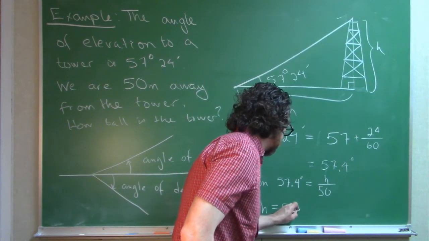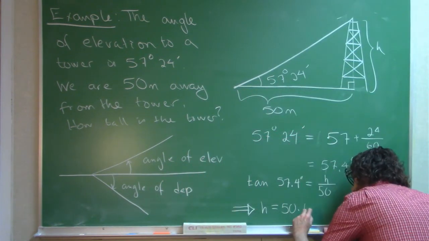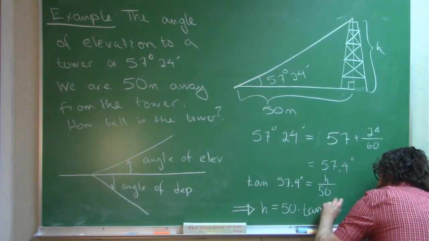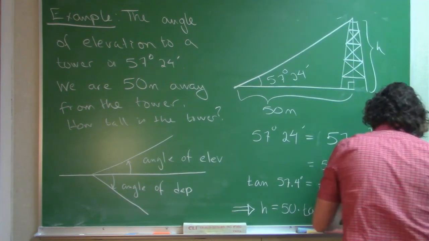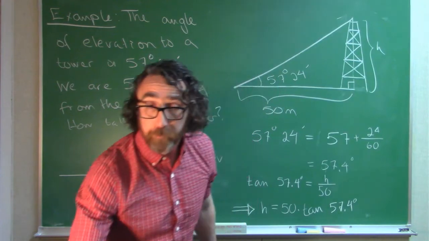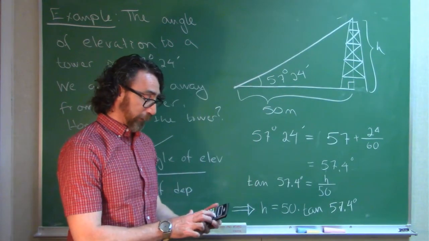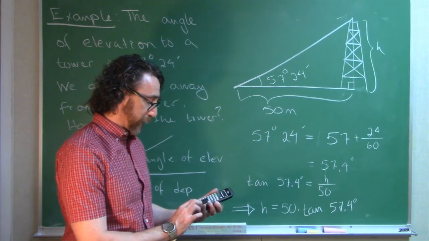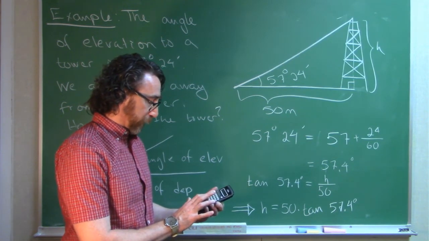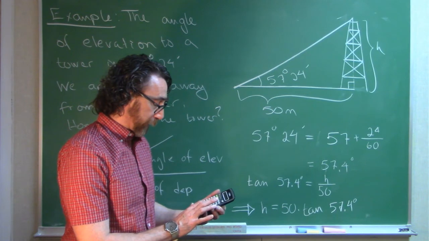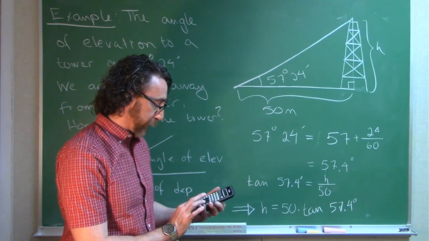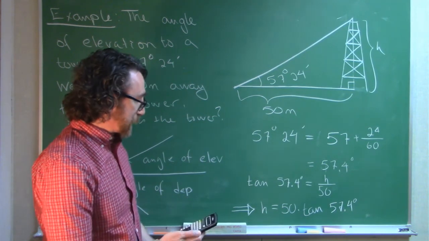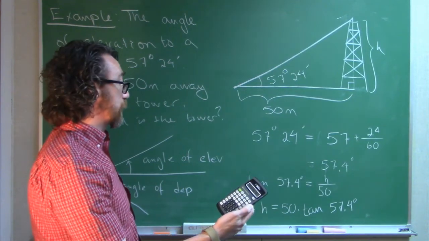So I take 50 times the tangent of 57.4. I just knock out that computation. So 57.4, take the tangent of that, multiply by 50. I'm getting 78.1.